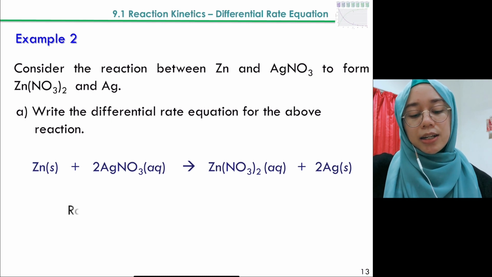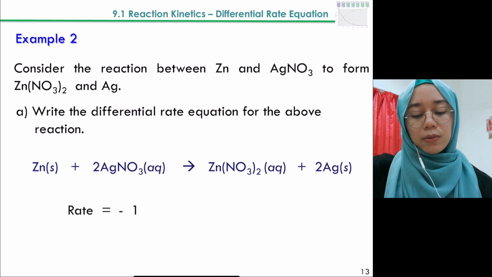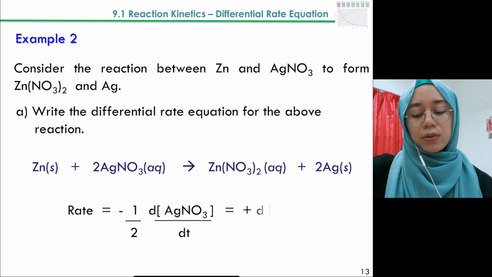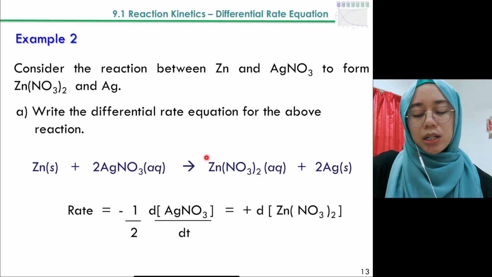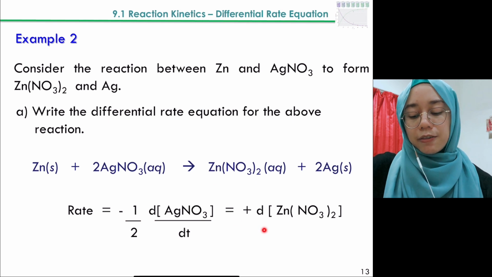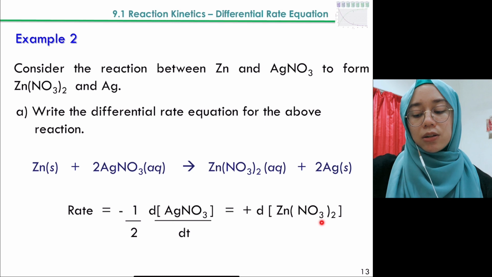Tapi cara kita nak tulis rate dia would be negative 1/2 of silver nitrate over time equals to, since kita punya zinc nitrate dia punya coefficient is 1, therefore dia tak ada 1 over something sebab dia 1 je kan, so change in concentration of zinc nitrate over time.